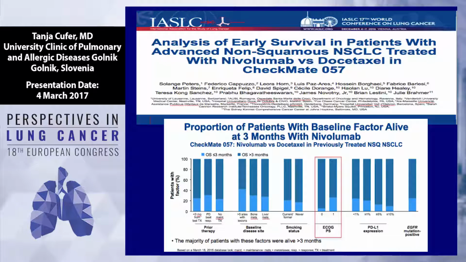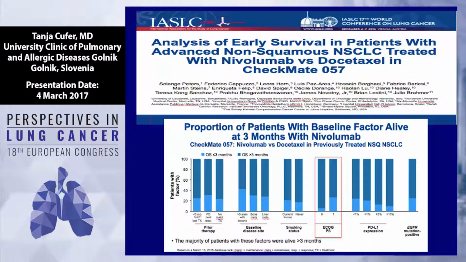She looked at the characteristics of the patients that were alive 3 months after initiation of immunotherapy, namely Nivolumab in the second line, and patients who were not alive at 3 months. As you can see, even if you have only a distinction between performance status 0 and 1, it seems that patients with performance status 1 have less possibility to be alive after 3 months than patients with performance status 0.